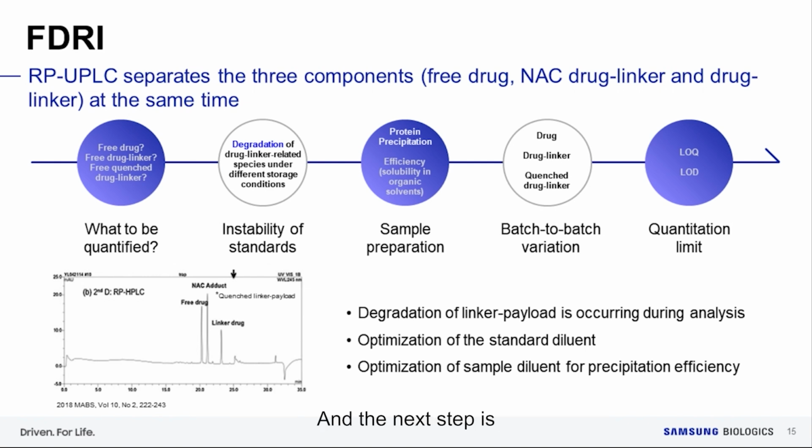And the next step is you better have stability data of drug or drug linker, because linker payload is normally degraded under different storage conditions. So it is quite important to analyze it within half-life. So this data is also important for FDRI analysis.